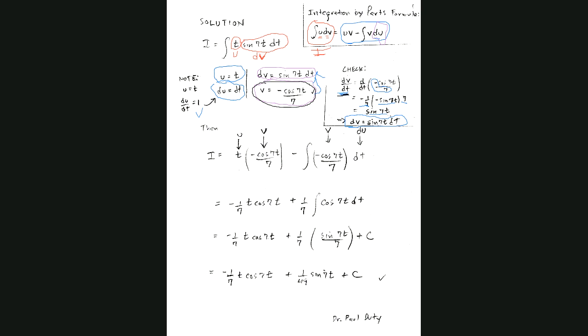So v being equal to negative cosine of 7t over 7 is correct, because then dv is sine of 7t dt, and that's what we started with. So to get the v from the dv, you have to take the antiderivative of whatever's in front of the dt.